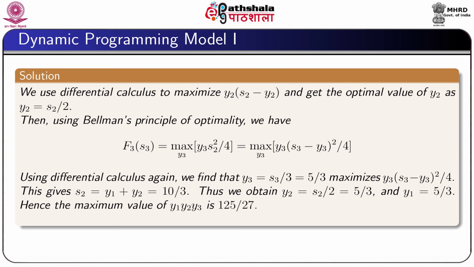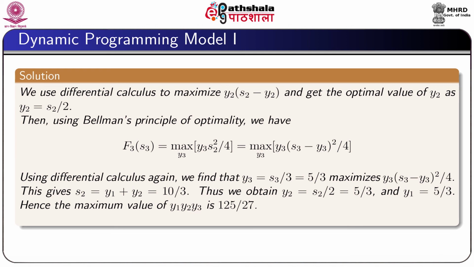We find that y3 equal to s3 by 3, that is equal to 5 by 3, actually maximizes it, and this gives s2 equal to y1 plus y2, which is equal to 10 by 3.